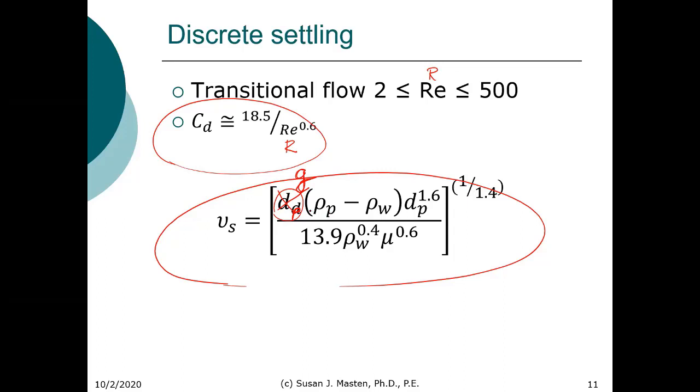So it's still the density of the particle minus the density of the water. In this case, the diameter of the particle is to the 1.6 power. You've got the density of the water to the 0.4 power, the absolute viscosity to the 0.6, and then the entire equation to the 1 over 1.4. So I apologize. This is gravitational acceleration.